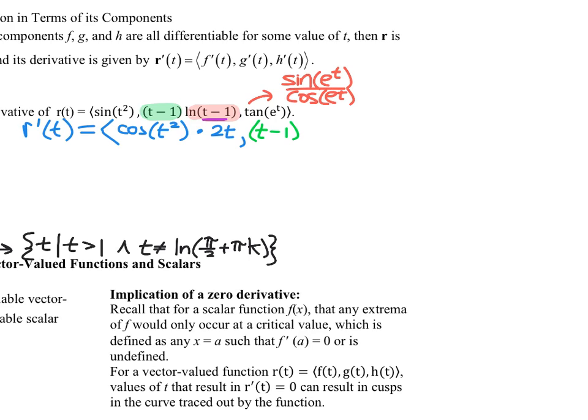So derivative of my second function, 1 over t minus 1, which will simplify, plus my second function, which is just the natural log of t minus 1, times the derivative of the first function, but with respect to t, the first function has a derivative of 1, so I don't really have to worry about that.